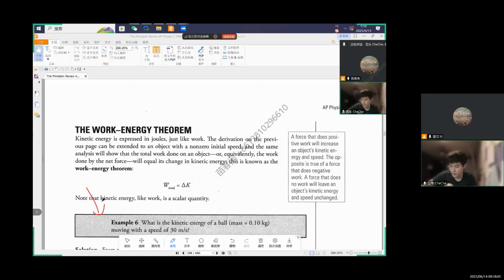Okay, let me see. What is the kinetic energy of a ball with this mass moving with a speed of 30 meters per second? Yeah, and then use a calculator. Let me get a calculator.